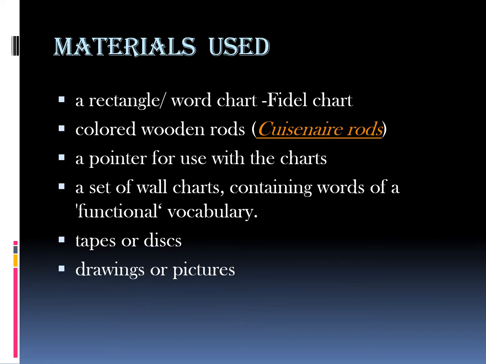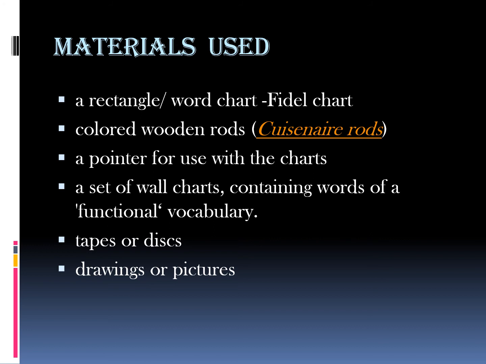Now let's see what the basic materials are that are used for this particular method of teaching. A rectangle or word chart, which is also called a Fidel chart, colored wooden rods or Cuisenaire rods, a pointer for use with the charts, a set of wall charts containing words of functional vocabulary, tapes or discs, drawings or pictures.